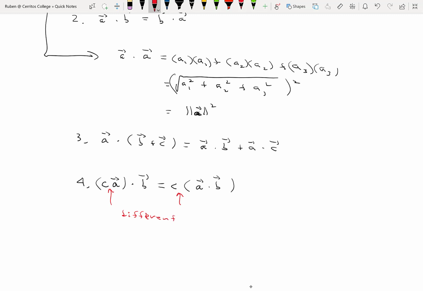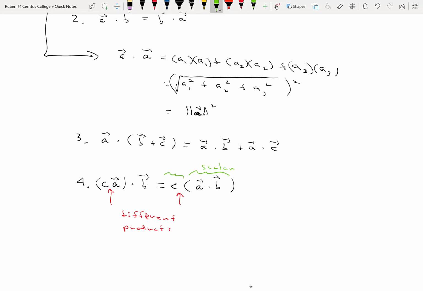Different multiplications, different products. I'm dotting my i's. Look on the left: CA is scalar multiplication of a vector. Now on the right, A dot B is a scalar. It's just a number.